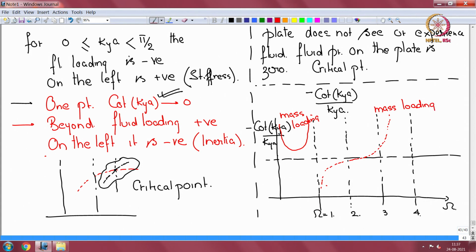And this region is stiffness. And this repeats now. Somewhere here again there is a stiffness part, it becomes light loading, crosses over, and again at 2 pi it starts to blow up.